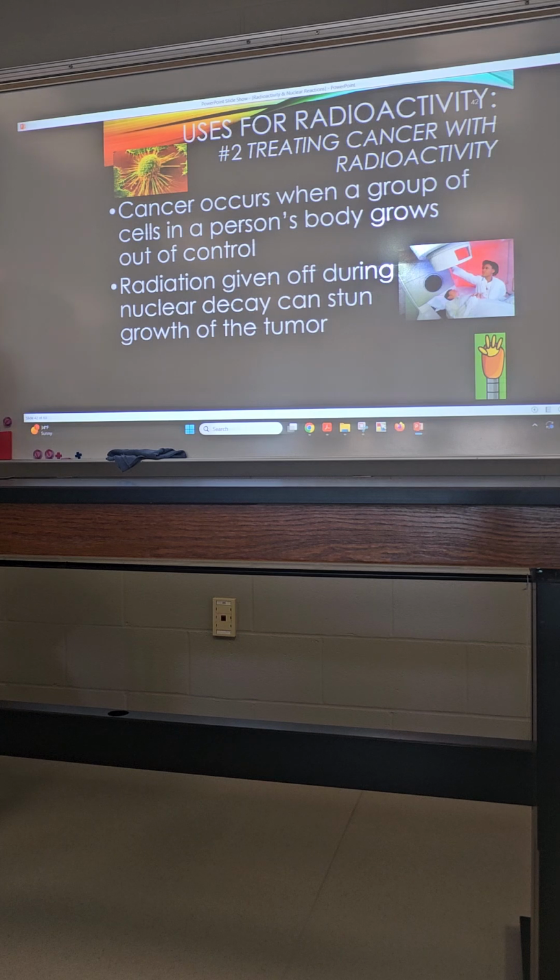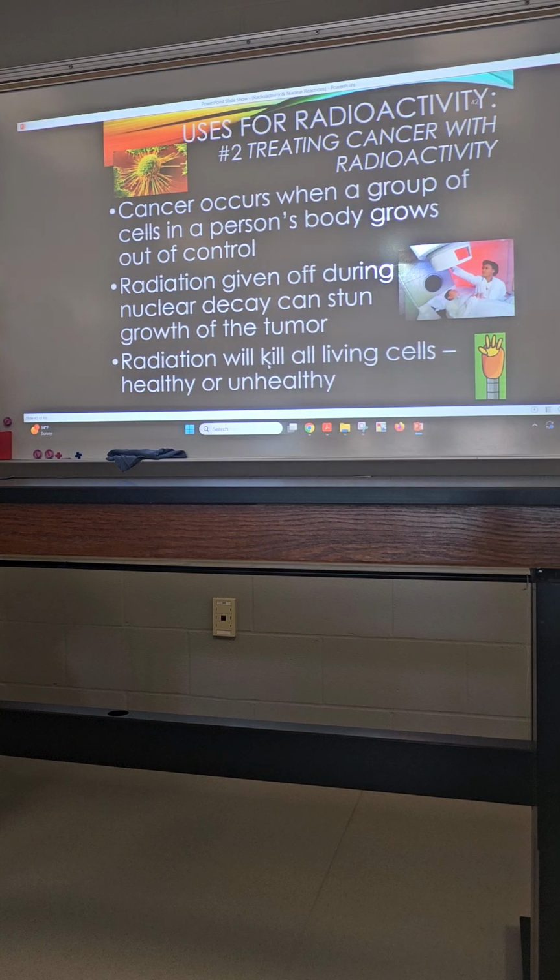The medical profession feels like the good is outweighing the bad, and it's so specific and focused that the healthy cells affected are minimized. They try to make sure they don't affect as many as possible, and just go after the cancer cells.